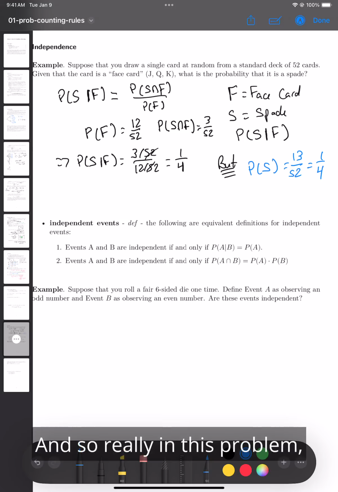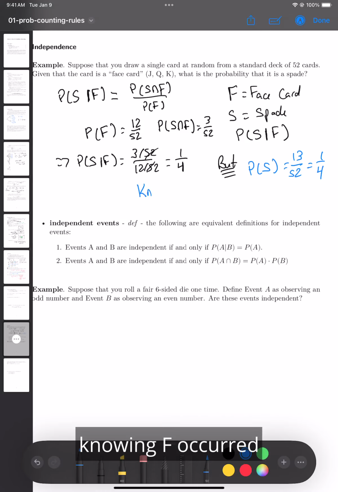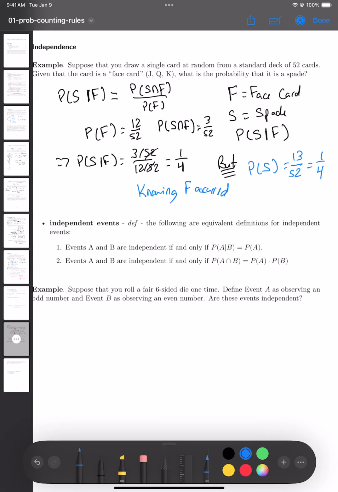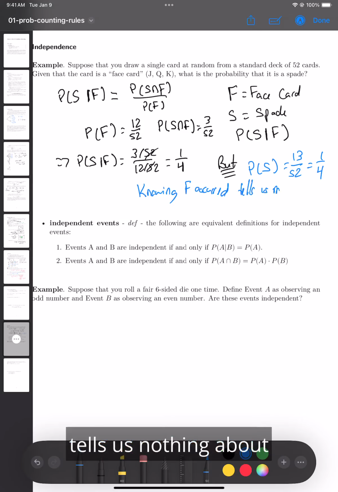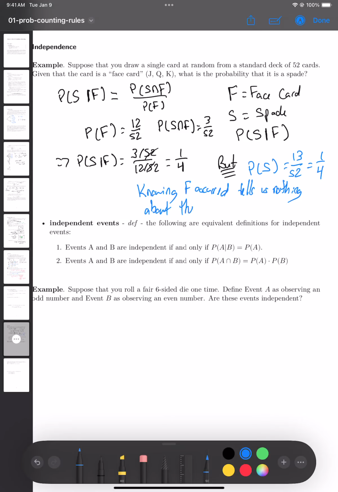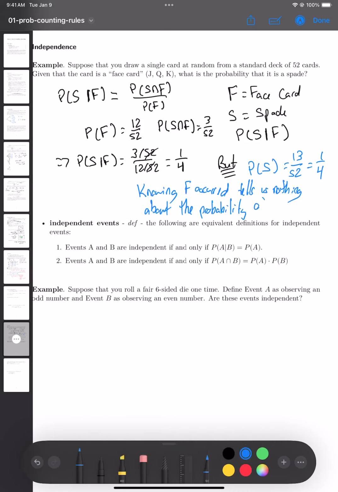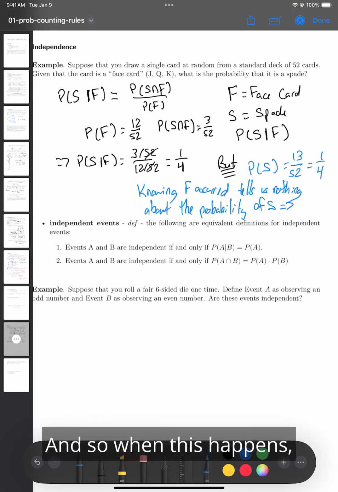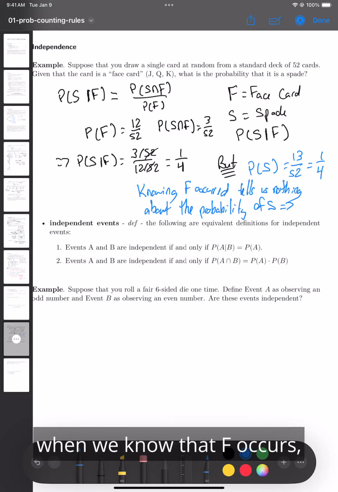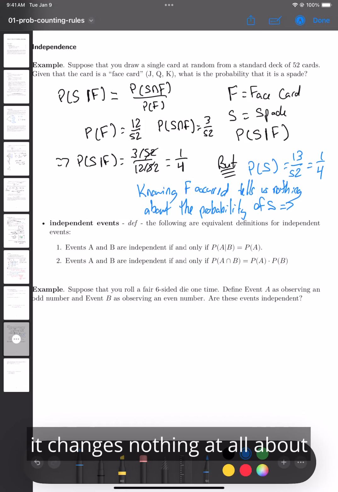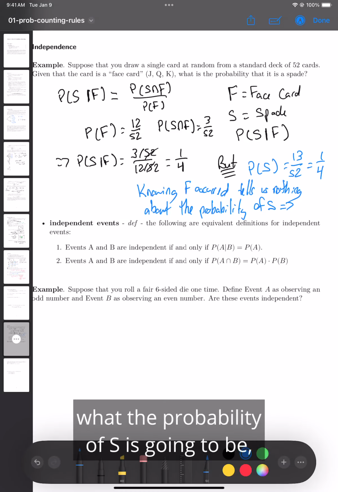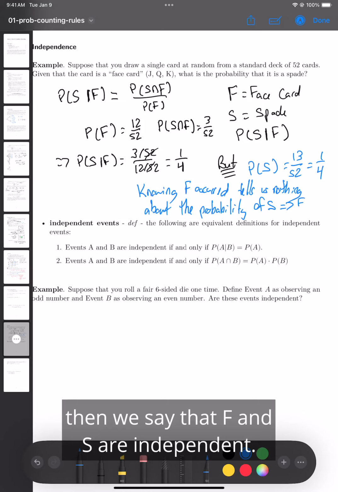And so really, in this problem, knowing F occurred tells us nothing about the probability of S. When this happens, when we know that F occurs but it changes nothing at all about what the probability of S is going to be, then we say that F and S are independent.